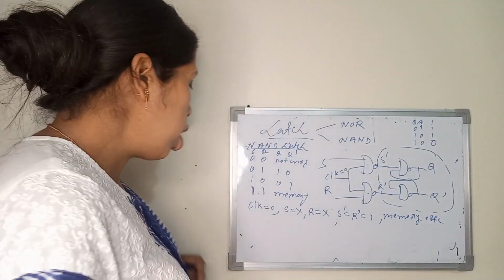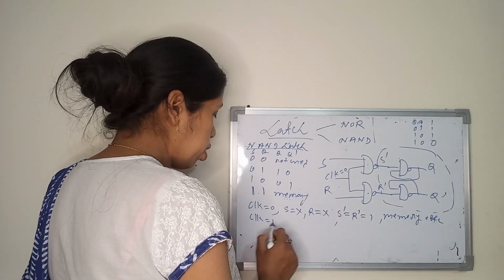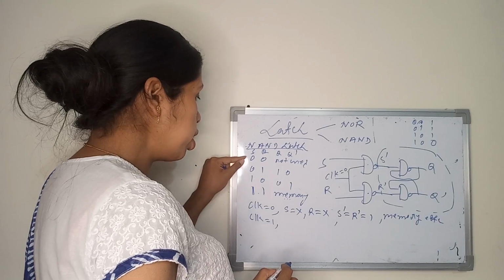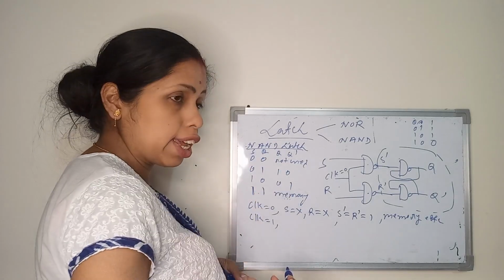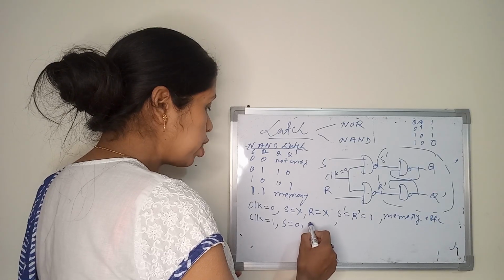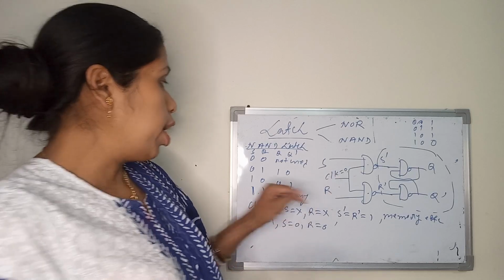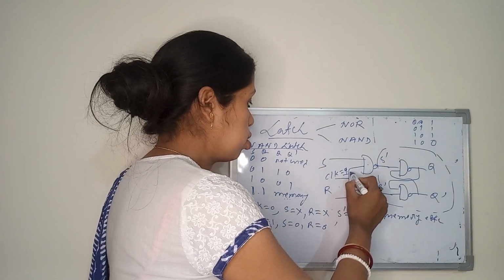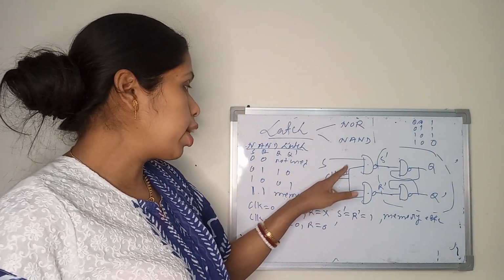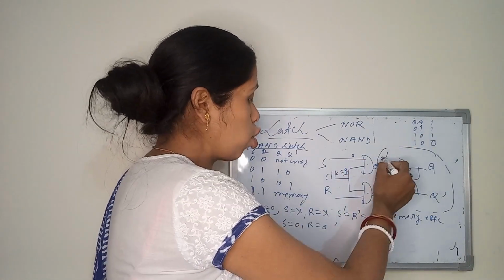Now I am giving clock 1, and I am considering the 0 0 combination. 4 combinations I can give for 2 inputs. So my S is 0, R is also 0. Here my clock is 1 and this is 0. 1 and 0 means output is 1.